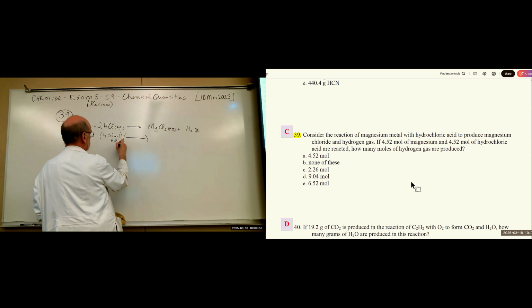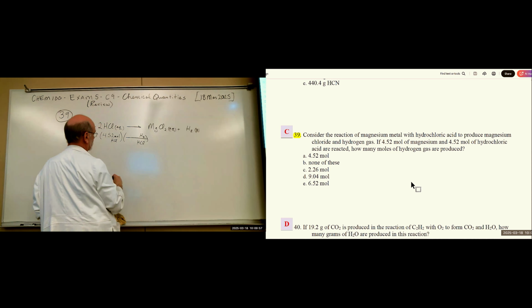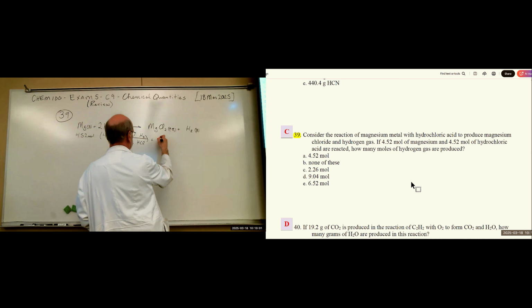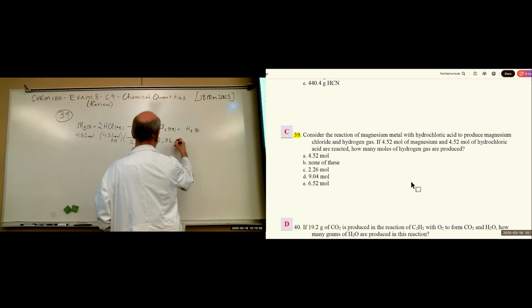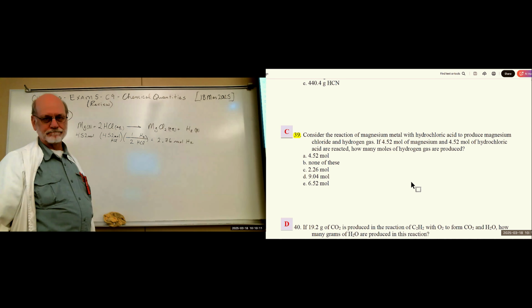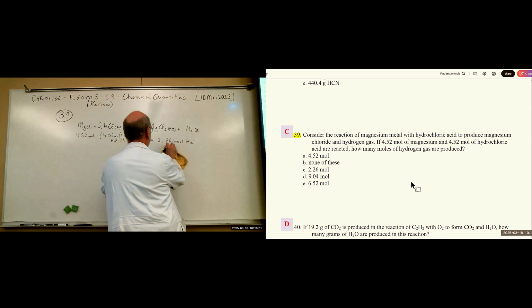This is HCl, and we convert HCl to hydrogen. So we have 2 here and 1 there. Half of that is 2.76, I think, moles of hydrogen. Let's see. Nope, sorry.